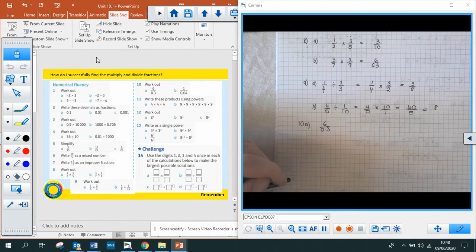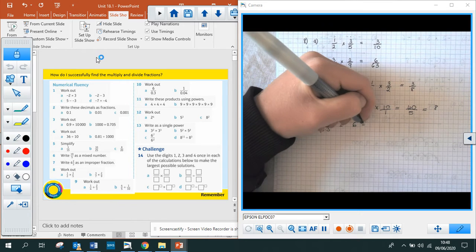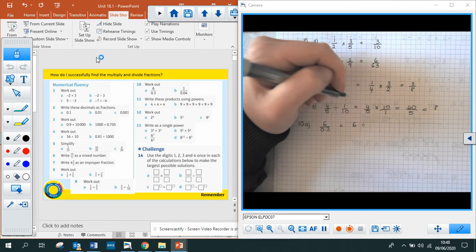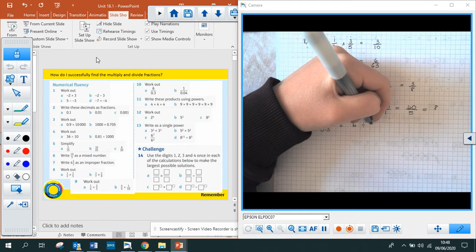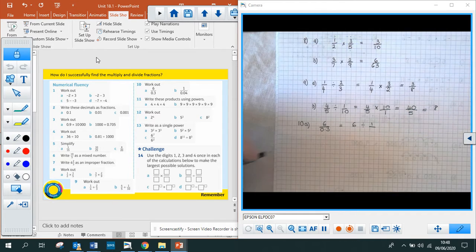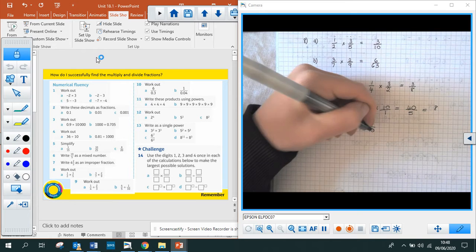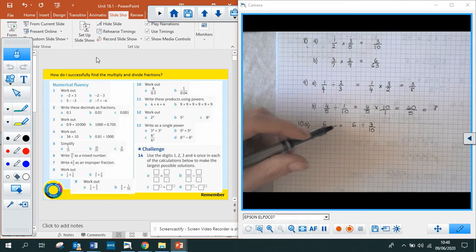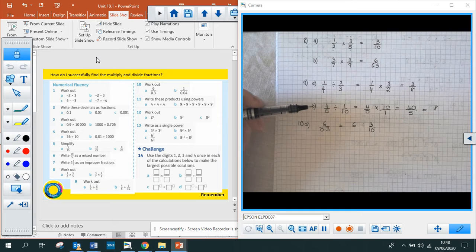So how many 0.3s will go into 6? So that's the same as 6 divided by 0.3, which is equal to 3/10. Okay? 0.3 is 3/10. So then 6 divided by 3/10 essentially.